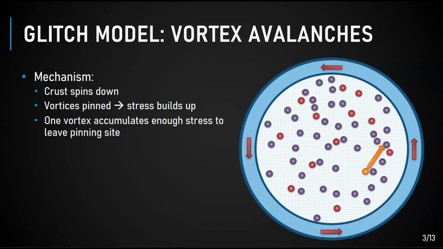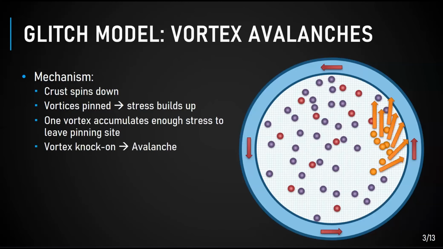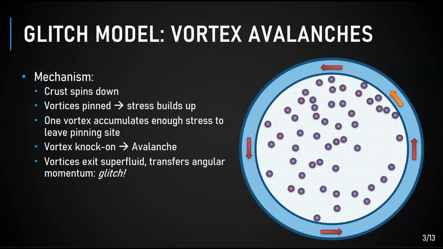And once one of them unpins, it knocks onto another vortex, and then that knocks onto another vortex, causing a cascade of unpinning events we call a vortex avalanche. And when this occurs, a whole bunch of vortices unpin at once. They leave the superfluid, they transfer angular momentum to the crust, and we see a glitch. And when this happens, the whole star relaxes and we start over.